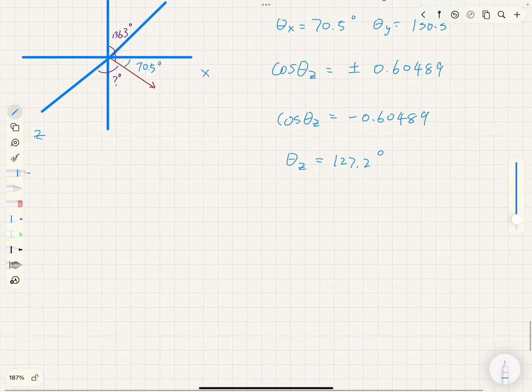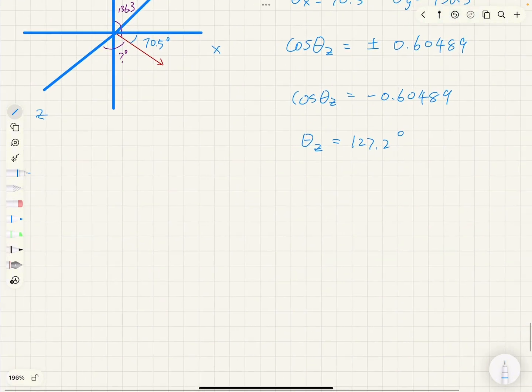Next, we are finding the magnitude of the force. Let's say it's force F. And also the x component of the force and y component of the force.